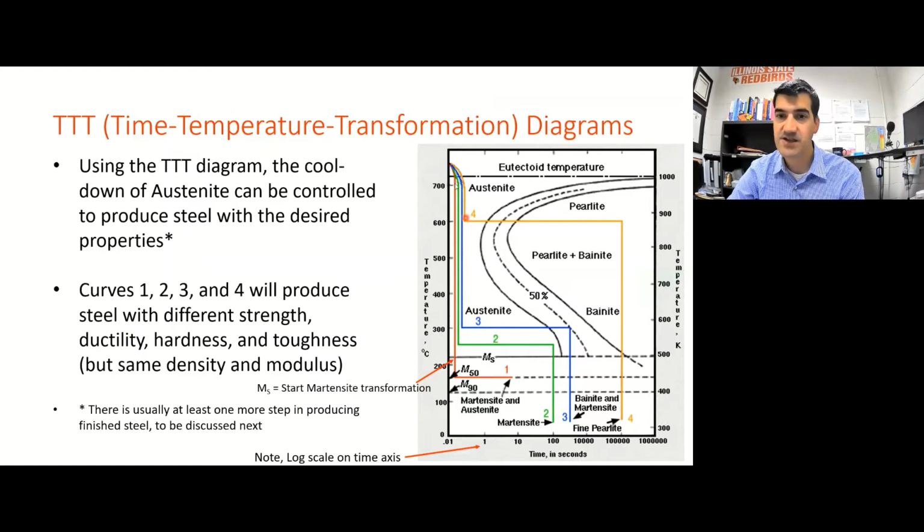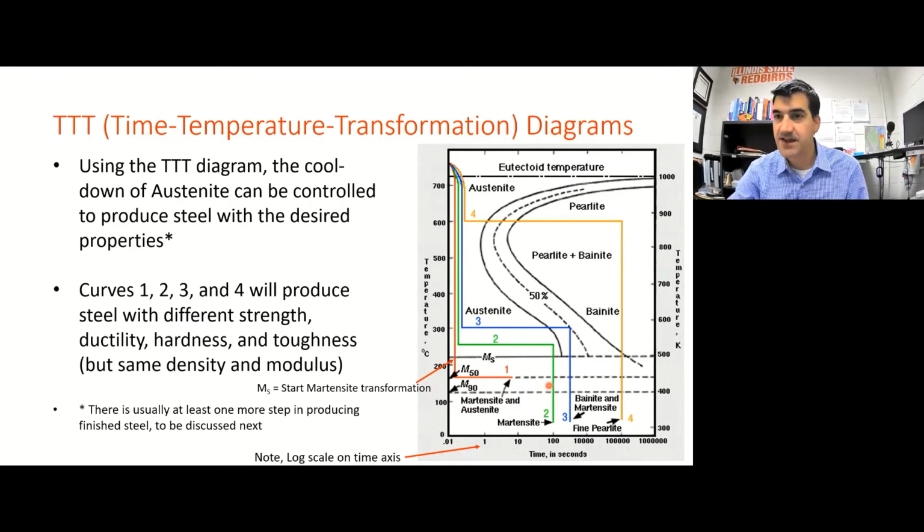Curve 3 has us cooling it down to about 300 degrees Celsius, then holding it there for somewhere between 100 and 10,000 seconds, so probably on the order of minutes to hours, and then cooling it down. And curve 4 has us only cool it down a little bit and then hold it at that temperature, and then after a long time, on the order of hours, finally cool it down. When we do that, we'll change the grain structure of the material.